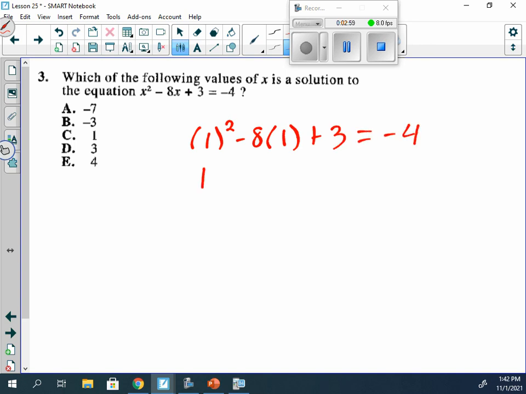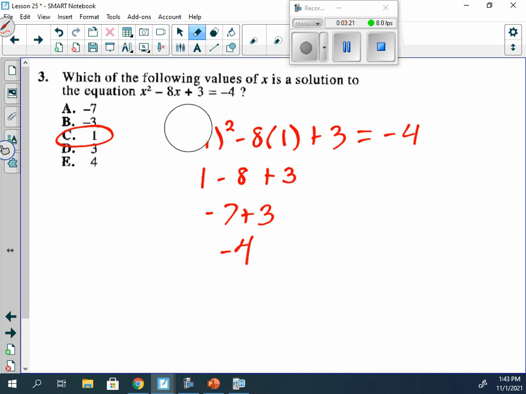Well, 1 squared would be 1. Negative 8 times 1 would be negative 8, plus 3. 1 minus 8 is negative 7. And negative 7 plus 3 is negative 4. Is that equal to negative 4? So that'd be the correct answer.